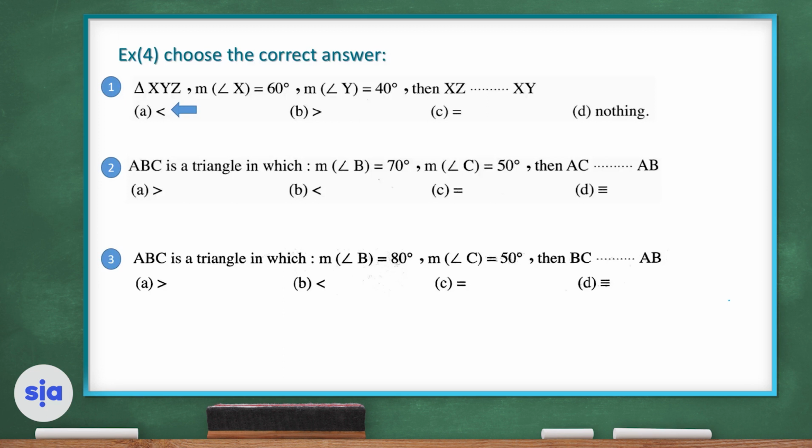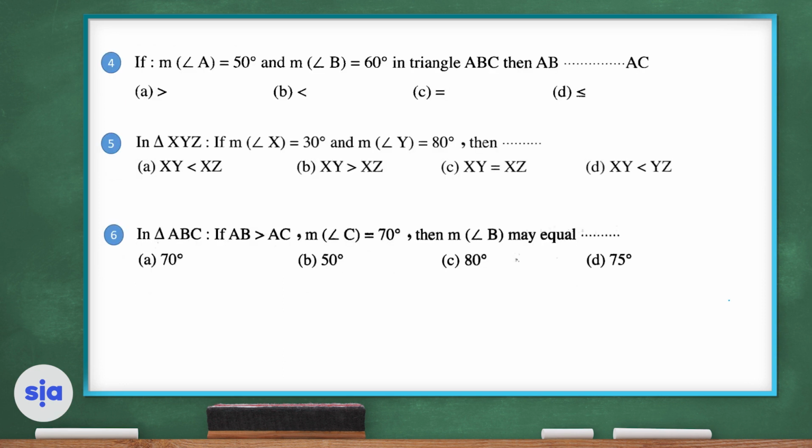Then AC is greater than AB. Question 3. ABC is a triangle in which the measure of angle B is 80, the measure of angle C is 50, then BC is equal to AB.